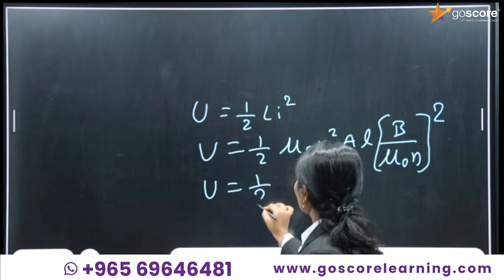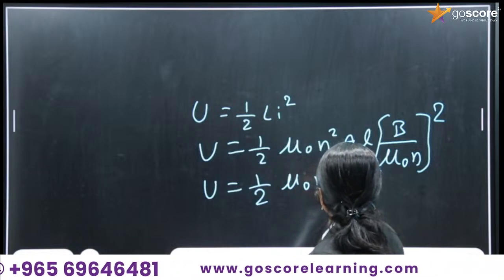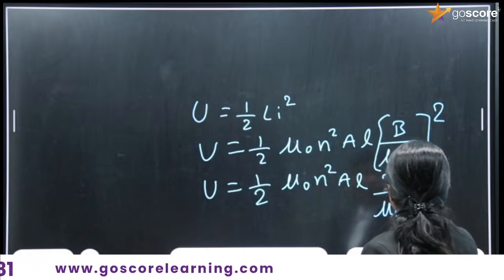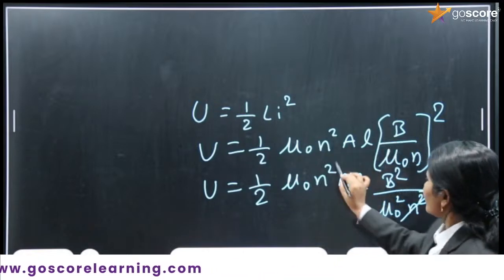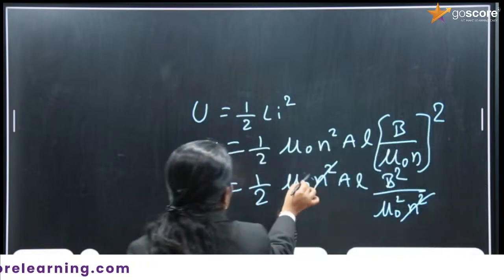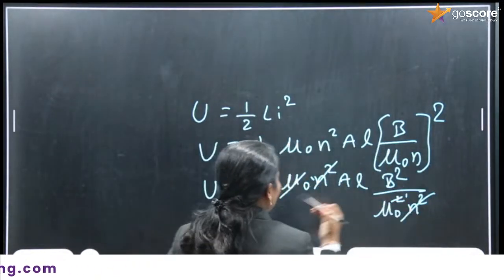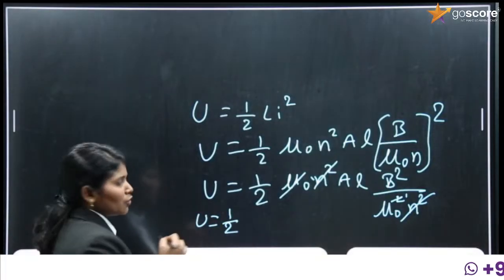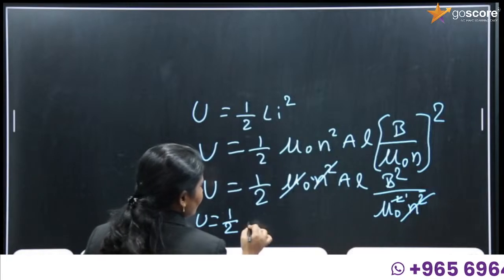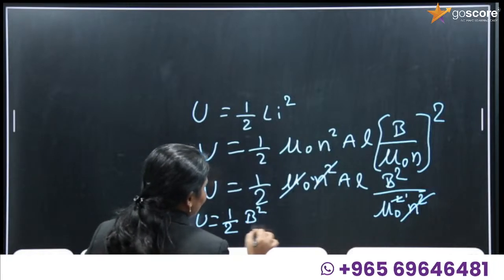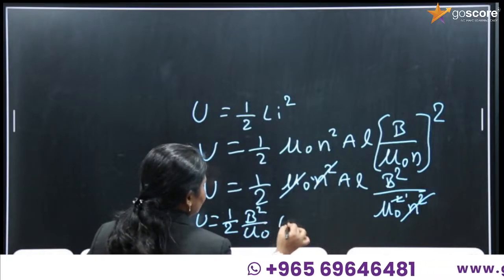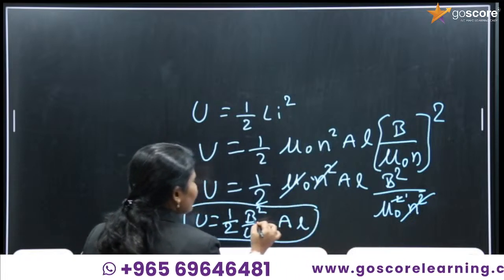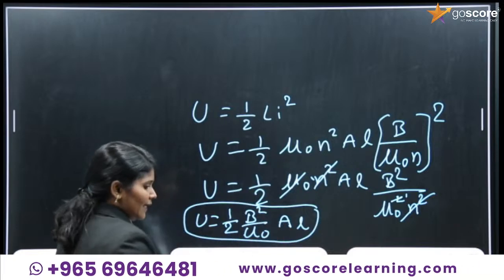Then U is equal to half mu naught N square A L into B square by mu naught square N square. Here N square cancels, and mu naught square becomes mu naught. Finally, U is equal to B square by mu naught into A L. This is the energy in terms of magnetic field, area and length.